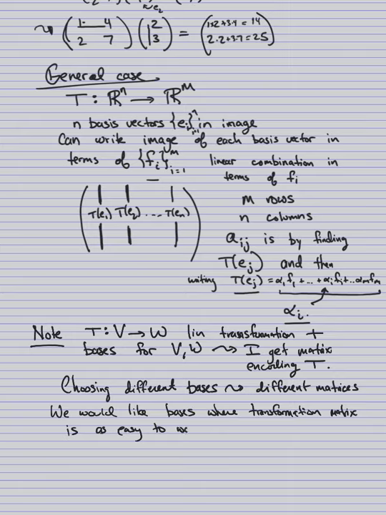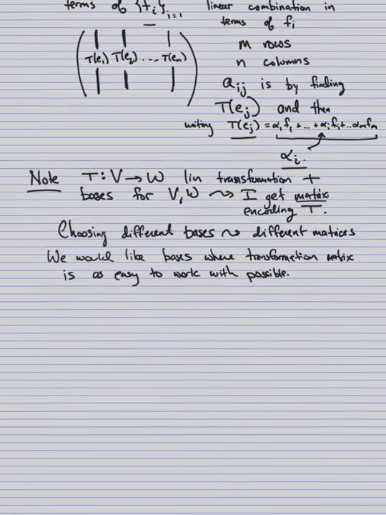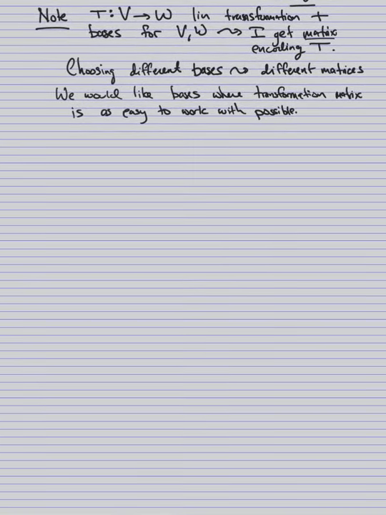Of course, it depends on what the transformation is. But what would be nice is if you could choose bases where the matrix encoding the transformation is a very easy form. Then it's easy to compute with, and you can try to get a good geometric understanding of what this transformation is actually doing. Okay, so let me give you some examples.